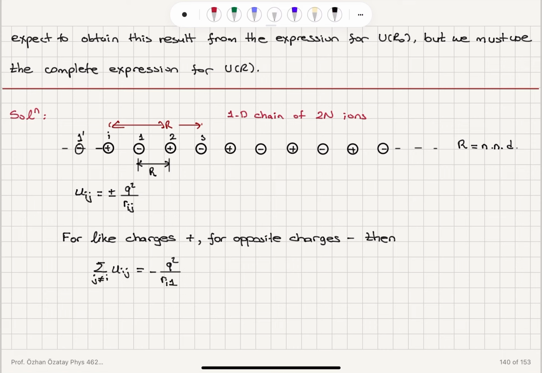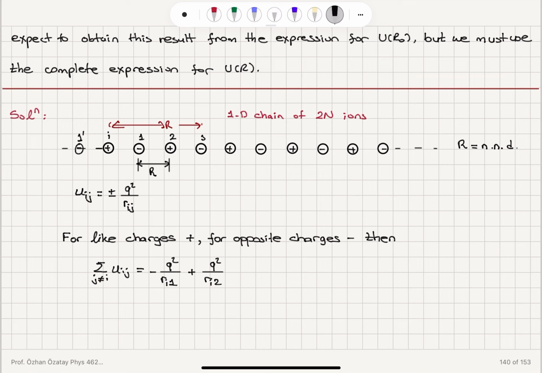Between the ith ion and the second ion, we have a positive potential, because the charges are like, so they're both positive, Q squared over Ri2.